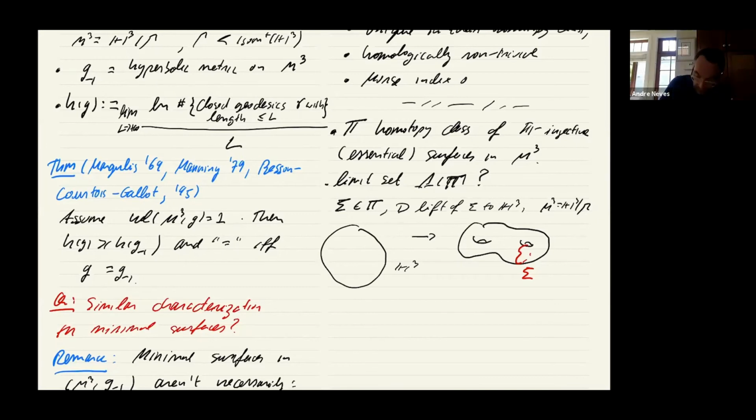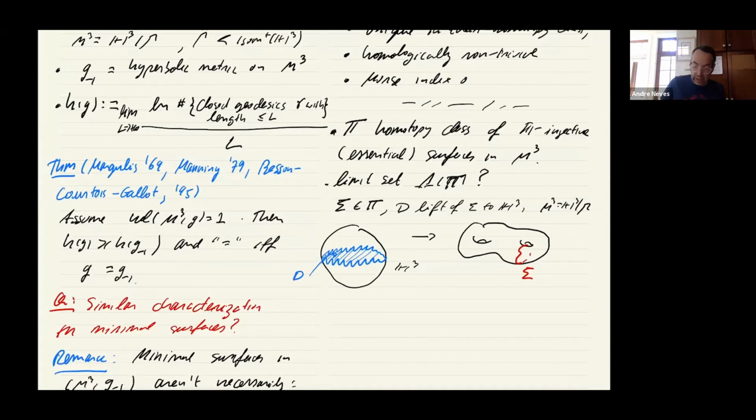So when we do this, we're going to get a disk. Here I'm using the unit ball as the model for hyperbolic space, and we get some disk there. So this would be D. Okay.